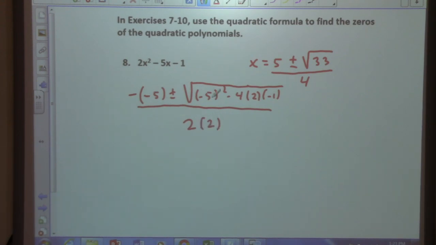So we're going to get 5, and here we're going to get 25 plus 8. Yeah, this is going to be good. Thank you, Kayla. Good work. So we can just leave it there on this one. You can actually turn this one in today. We'll call this good.